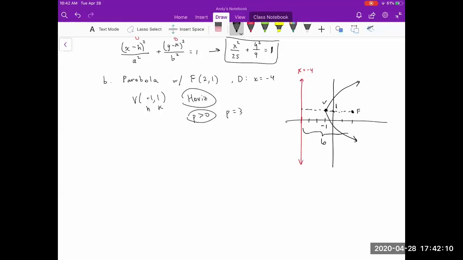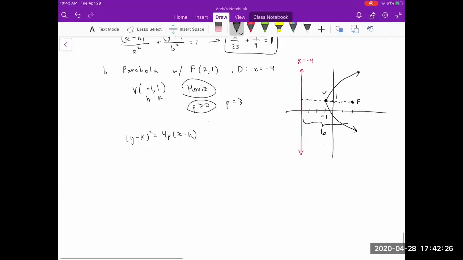So now we know which formula to use for parabolas: y minus k squared is equal to 4p times x minus h. If it was vertical, x minus h would be squared and 4p would be in front of y minus k, but it's this way. So this is y minus 1 squared equals 4 times 3, which is 12, times x minus h. Since h is -1, x minus -1 is the same as x plus 1, and I'll leave it like this.